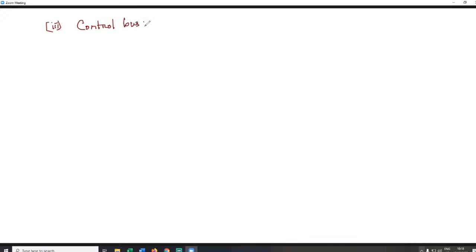So the control bus. The control bus is bidirectional. Okay, what does it actually send? It sends read and write signals. Read and write timing signals.